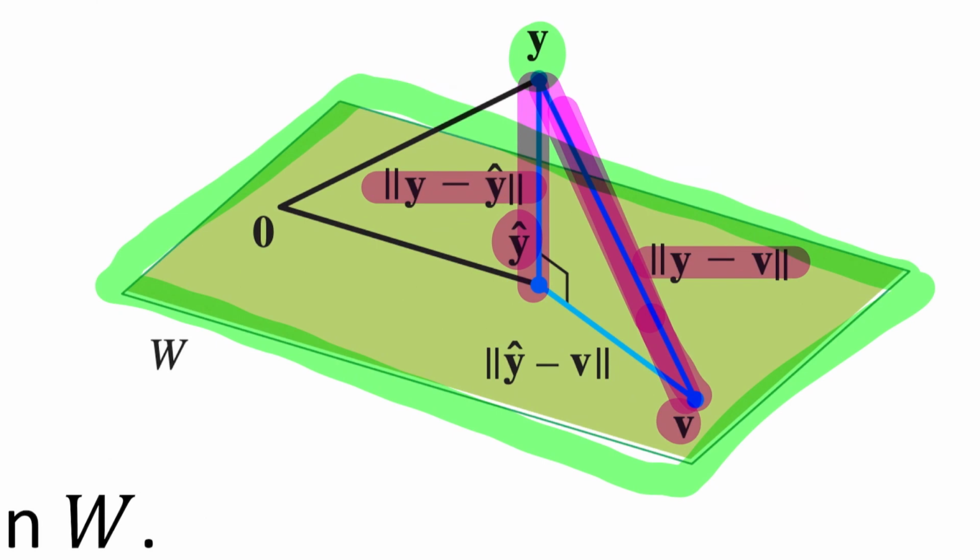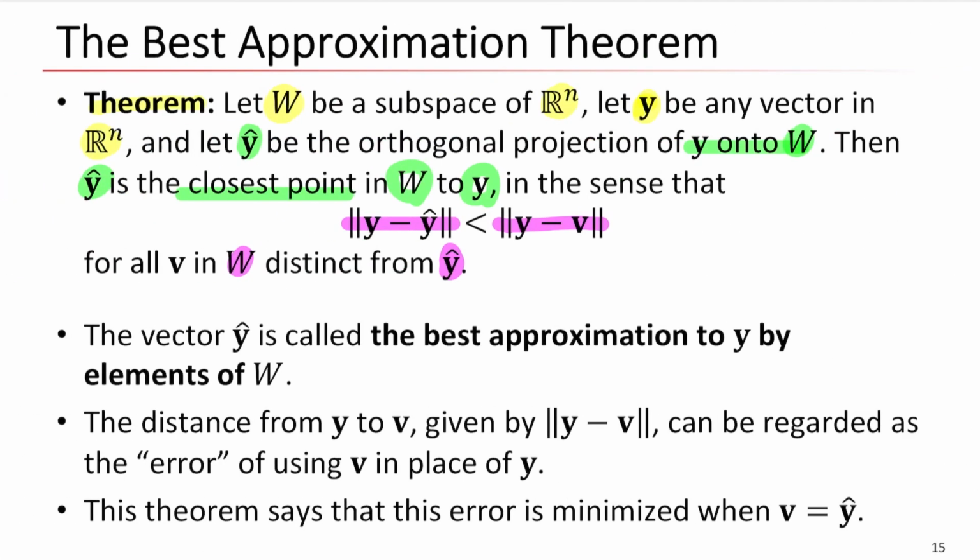As you can see here, the theorem says that this length is the closest distance among every possibility in the W space, right? So in this theorem, we will prove that this one is smaller than the distance to any other vector v, right? Okay, so let me prove this one.